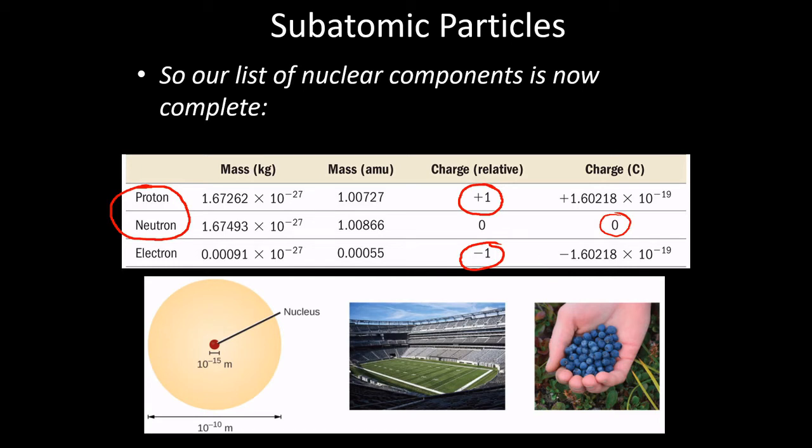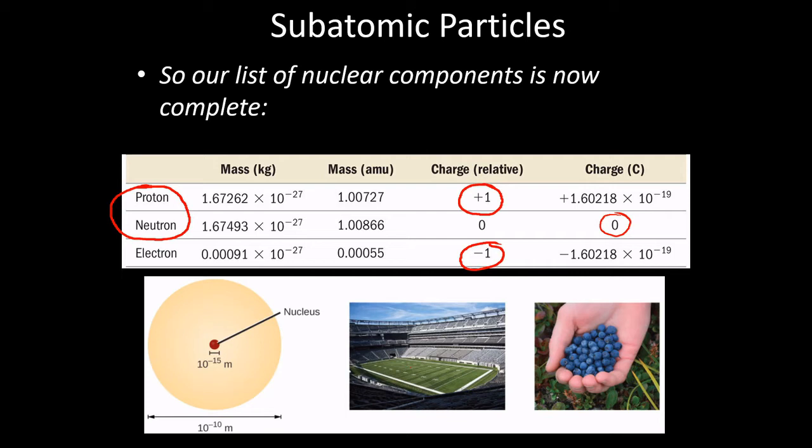The protons and the neutrons are in the nucleus. And just to give you an idea of how tiny the nucleus is compared to the atom as a whole, if the nucleus was the size of a blueberry, so take a blueberry, and you put that blueberry on a football field right in the middle at the 50-yard line, all the rest of the stadium, not just the field, the entire stadium would be the atom.